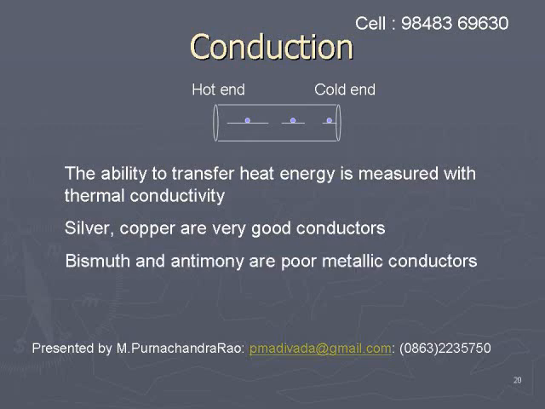Silver and copper are very good conductors, so their conductivity values are high. Bismuth and antimony are poor metallic conductors, so their conductivity values are less. All liquids are poor conductors except mercury.